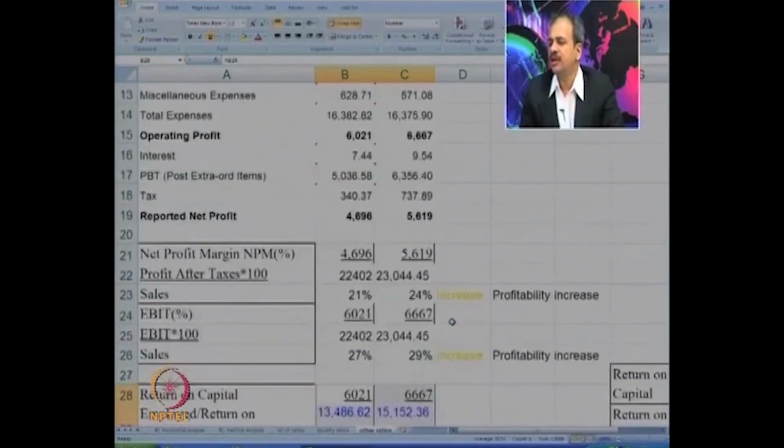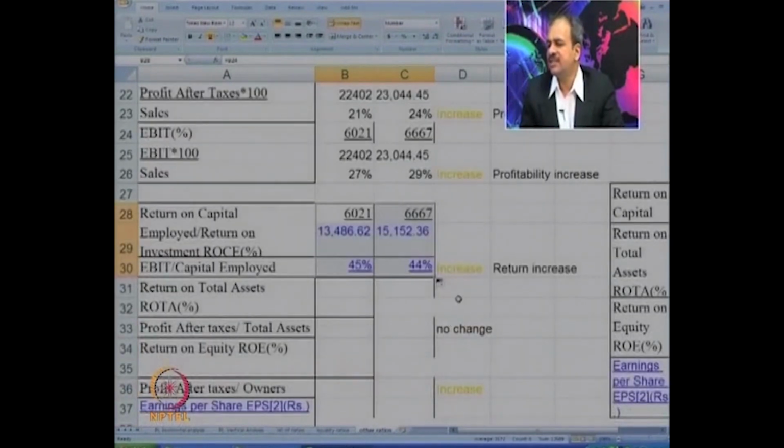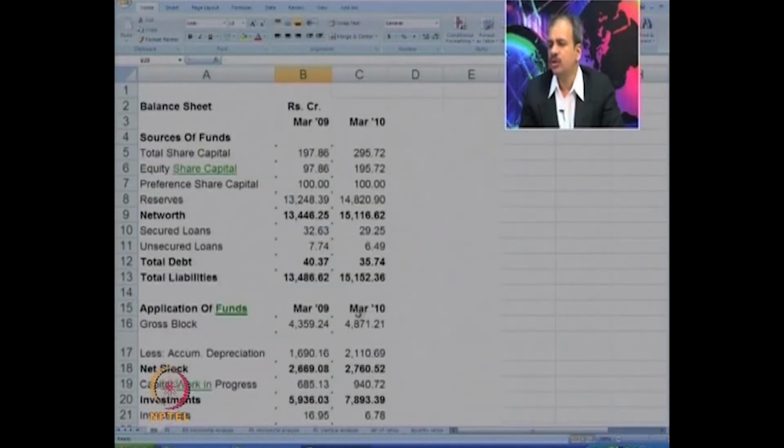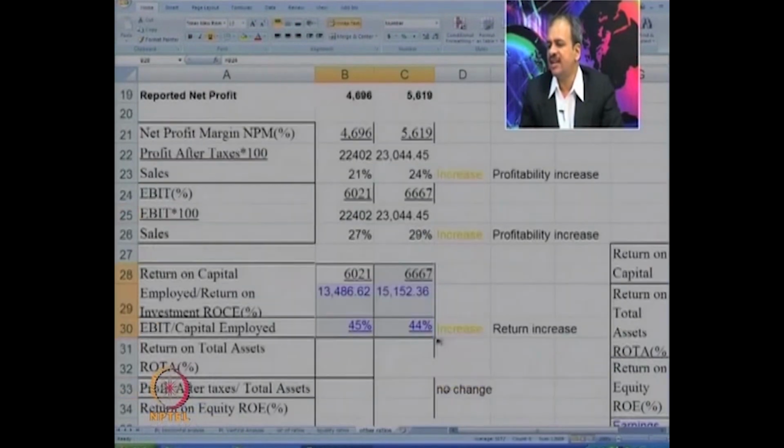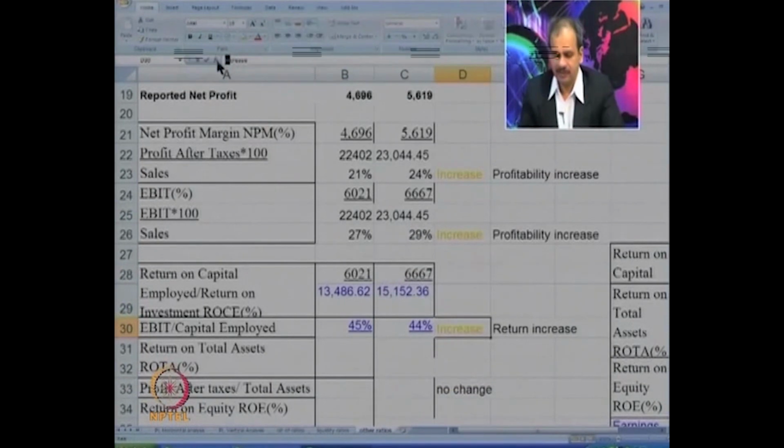So, in the current year you can see there is a slight decrease in the return. We will recheck the figures so that it is more clear to you. You can see that there is an increase in the total liabilities, but there is not a proportionate increase in the profits. That is why the return has slightly gone down. So, there is a decrease.